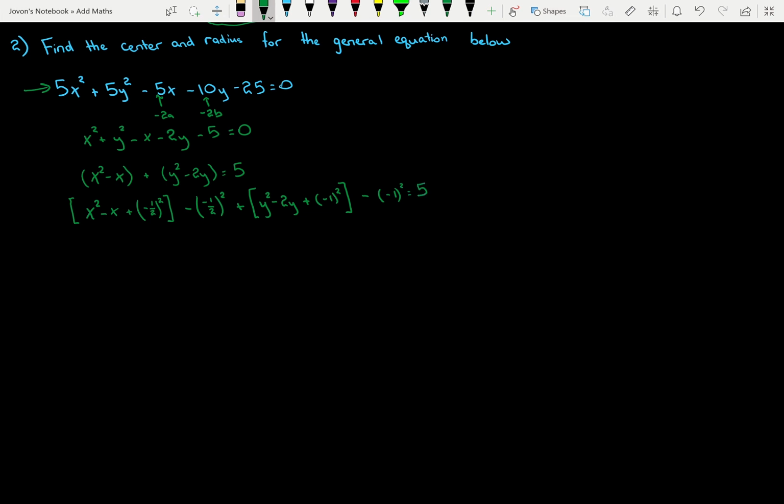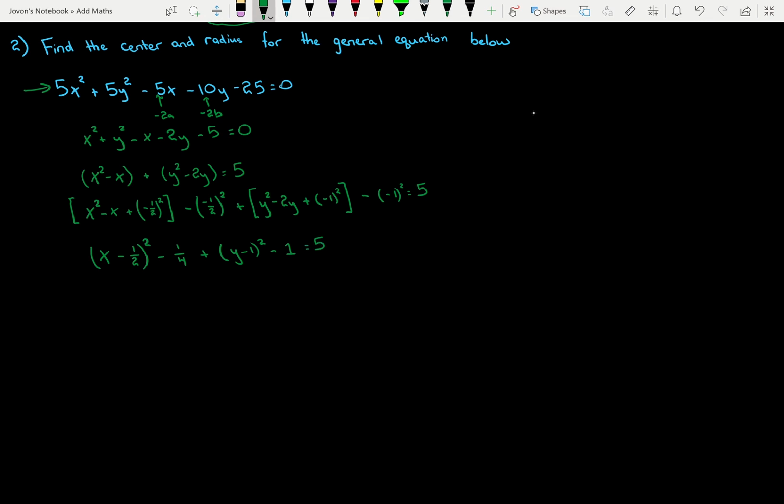Okay, what we get here now is x minus a half squared, minus a quarter, plus y minus 1 squared, minus 1, because minus 1 squared is 1, and then your minus 1 is equal to 5.